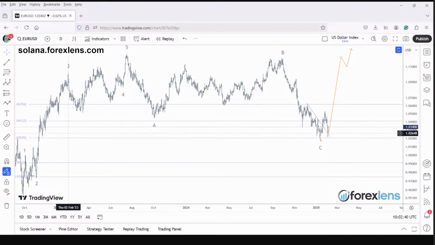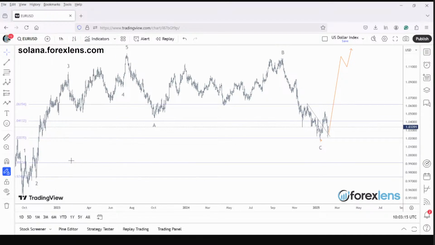So we've got larger degree wave 1 and 2 on the higher side, and then smaller degree minute wave 1 and 2. So 1, 2 and 1, 2 look quite similar, 5 up and 3 down, then 5 up and 3 down. This is a minute scale figure, and that shows how beautiful the fractal nature works in the markets.